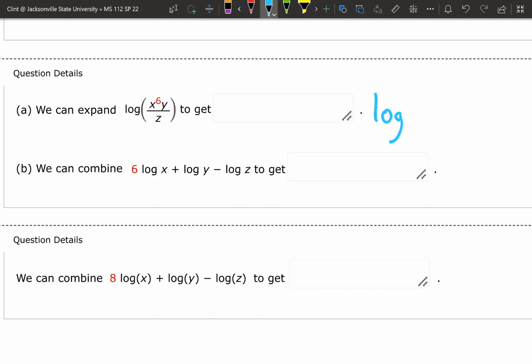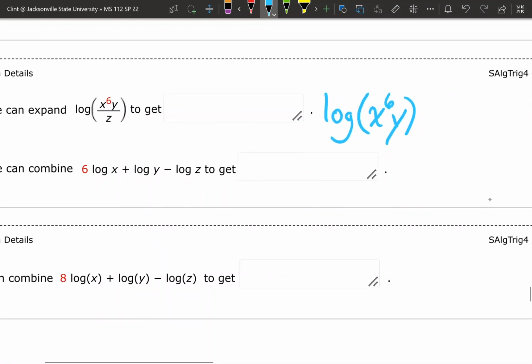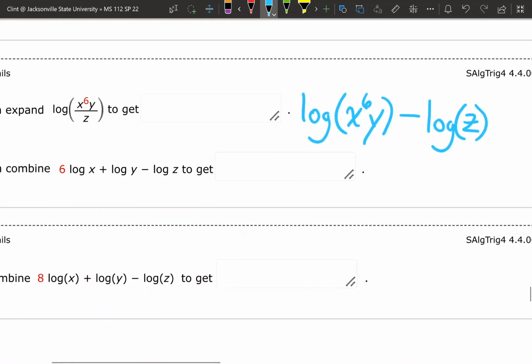So we would have log of the top, x to the 6th y, and then log of the bottom, log of z, and what goes in between them, a fraction like that? Plus or minus? Minus. Yeah, minus. Because we had division, a fraction, so that turns into subtraction.